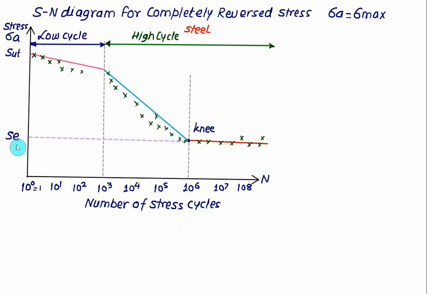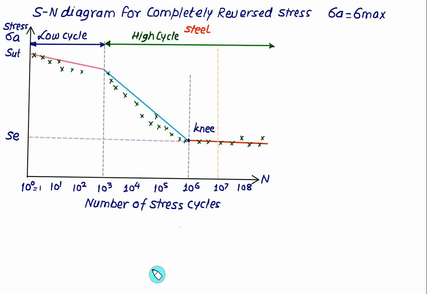A stress below the endurance limit will guarantee that the part will have infinite life, that is 10 to the power 7, 10 to the power 8 will be treated as an infinite life. This is the case of steel, so we get the endurance strength here, but in the same plot for aluminium, such a knee formation will not be there.